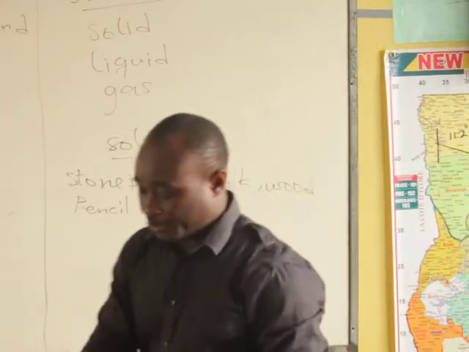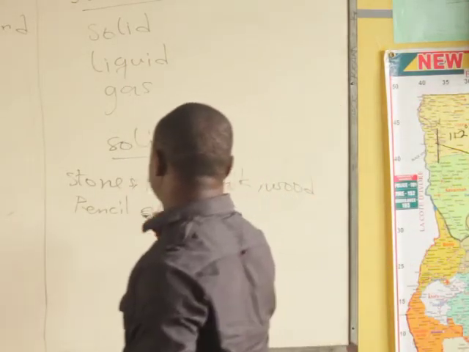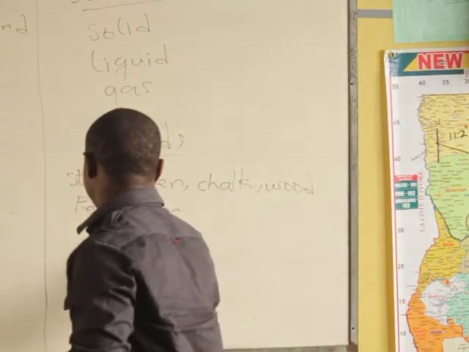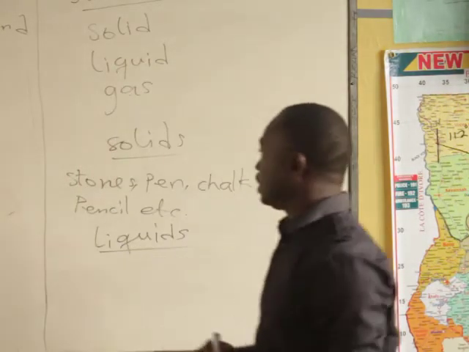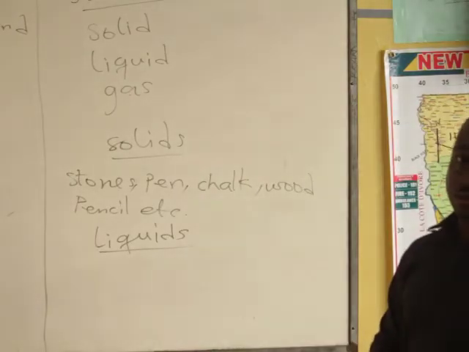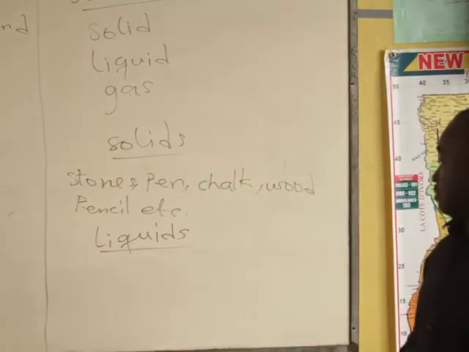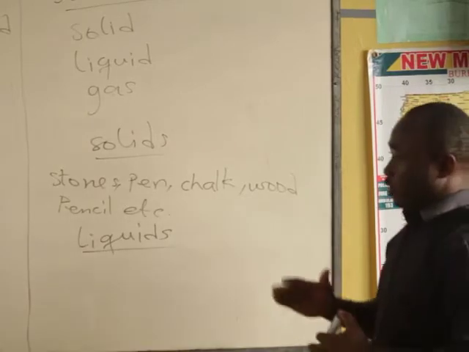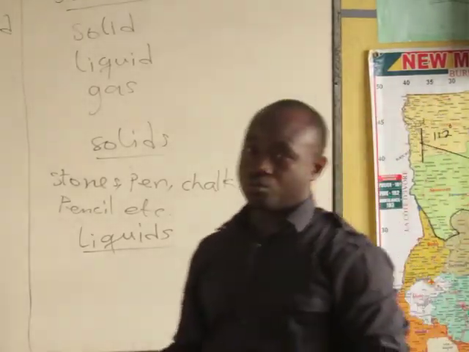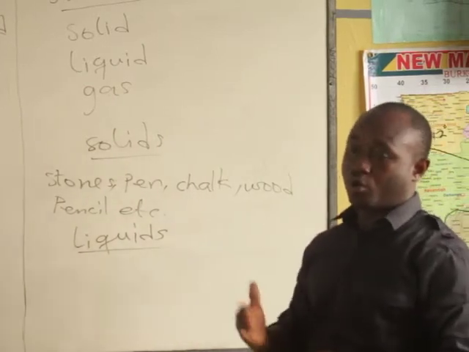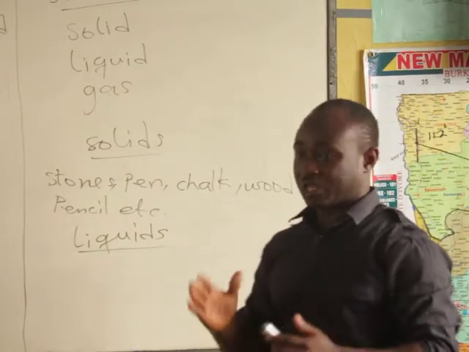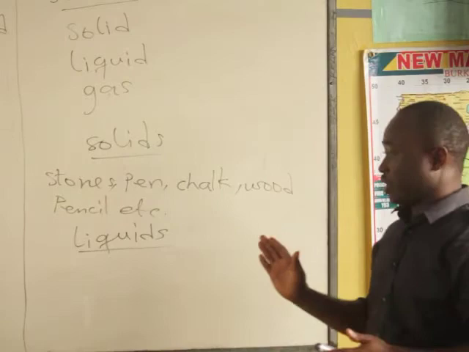Now, let's move on to the next one, which is liquids. They are substances that can flow, can be spilled, and can be poured. So what are some of them?